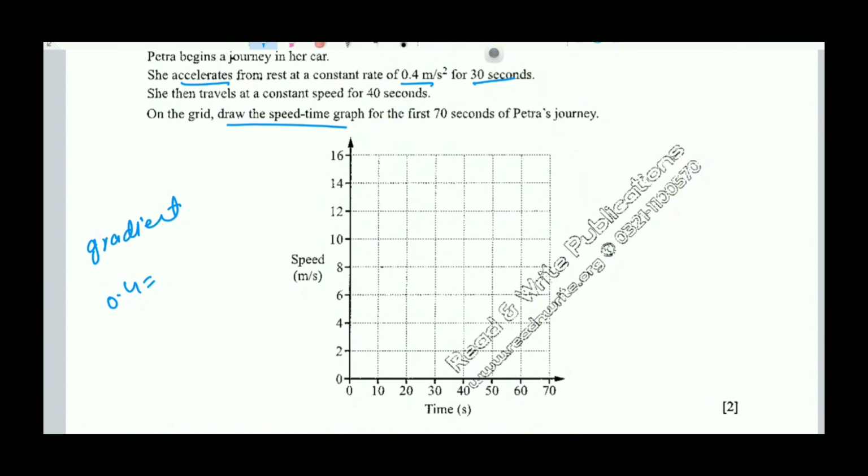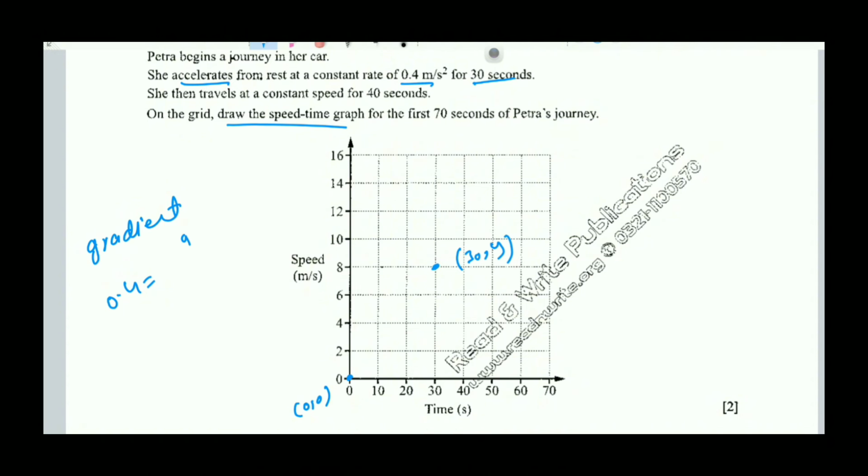So for the first 30 seconds, the first point should be 0, 0. For the second coordinate we know 30, but we don't know the value of y. So the second coordinate will be 30 and y.